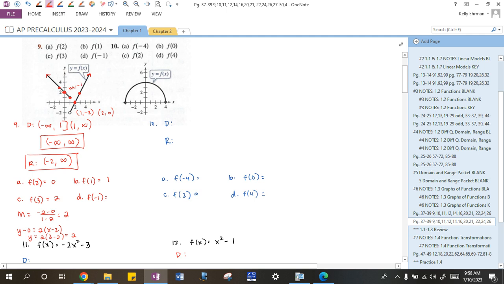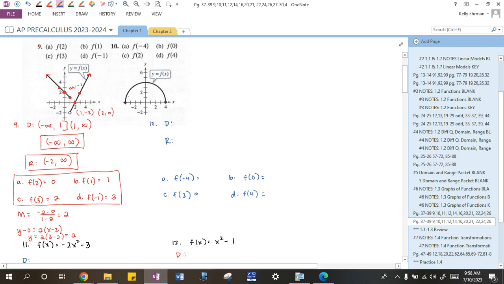And so if I just continue with that from the point 0, 2, I can go up 1, left 1. When x is -1, I will be at 3. Or I could come up with an equation like I did for the previous problem. The reason I did that was because I was thinking I could have also just counted slope, but the way I drew my point threw me off.